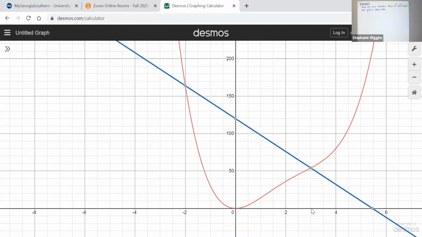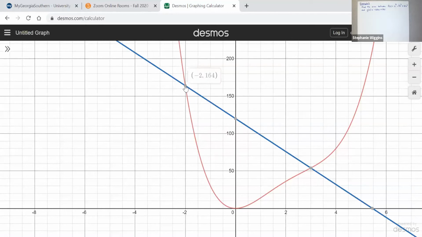That's what our indices are. And so they're going to calculate the area in between the two curves. But you have to be careful and make sure you subtract in the correct order, because you're going to take the difference of the two functions. So you're going to take the top function and then you're going to subtract the bottom function. And that will give you the area in between.